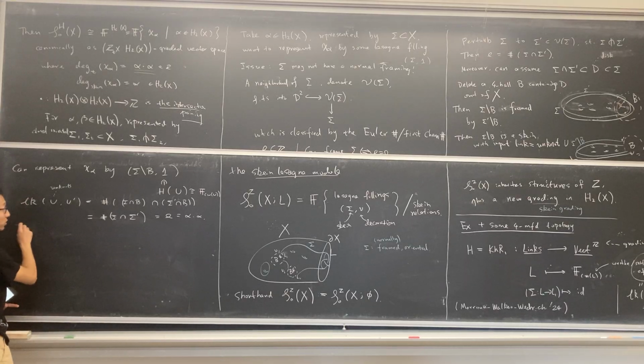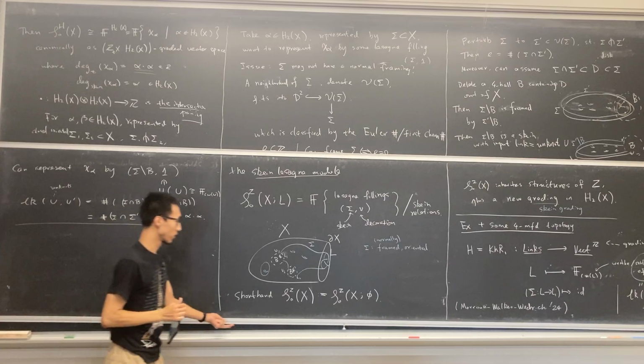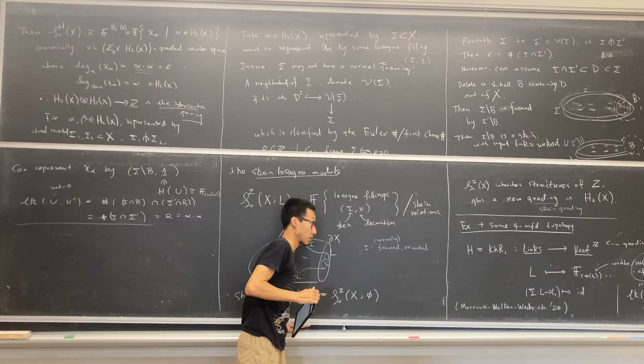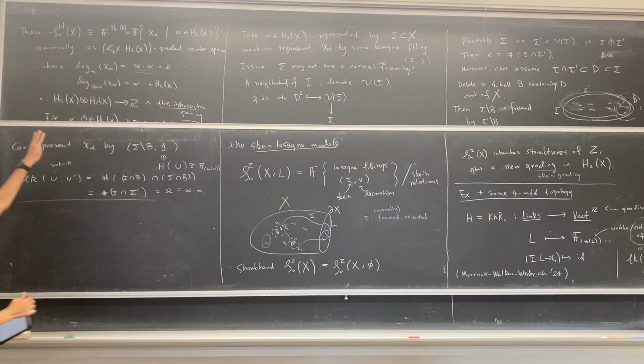So this roughly tells you why you get a map from, say, the right-hand side to the left-hand side. Well, a priori, you still have to show this is well-defined, meaning it's independent of the surface you are choosing, etc. But this roughly gives you that correspondence up there.